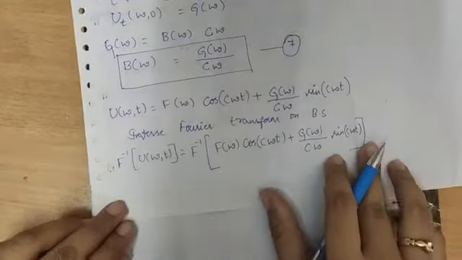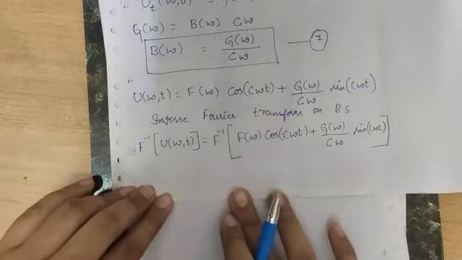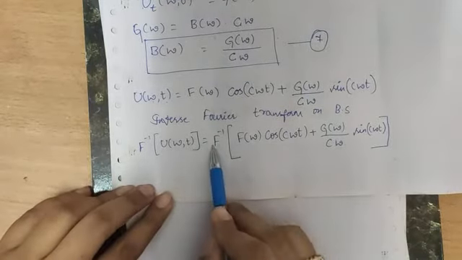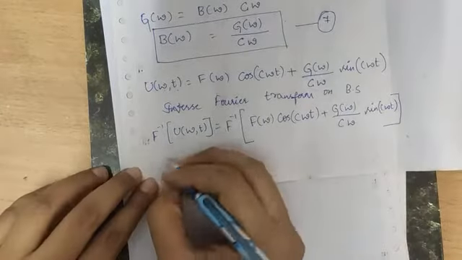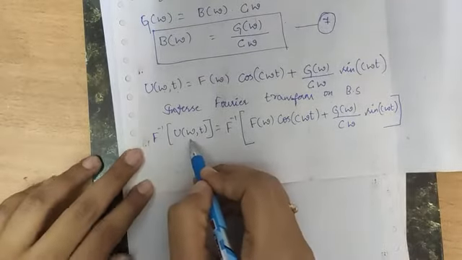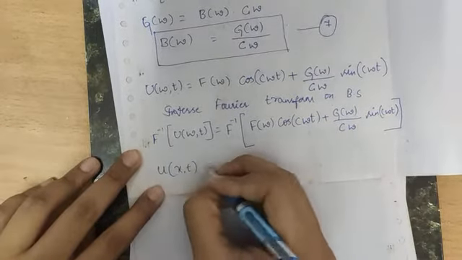In the beginning of the wave equation, I have given some set of formulas. From there you can find the inverse Fourier transform formula. I will write it directly. So F inverse of u of omega, t is nothing but small u of x comma t.